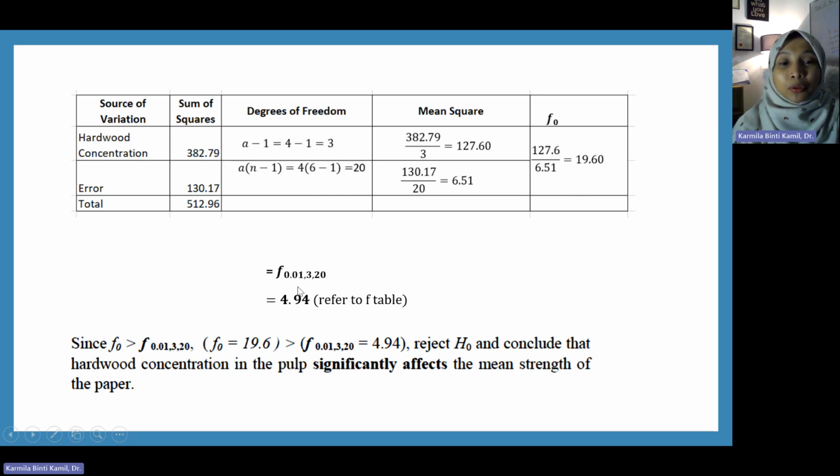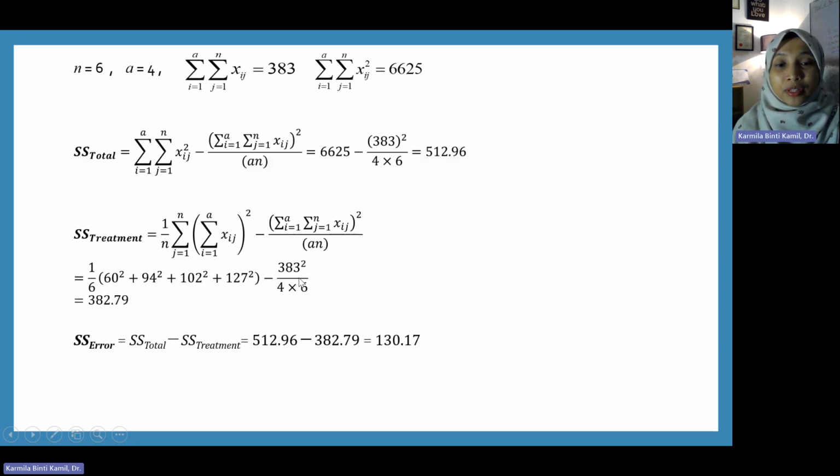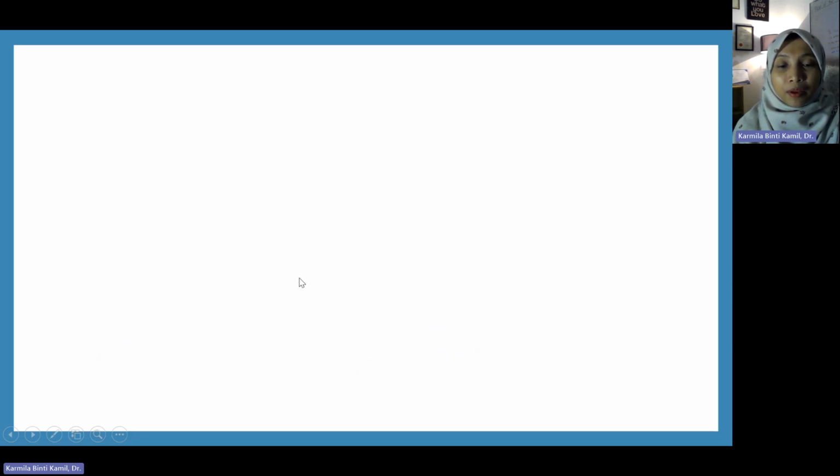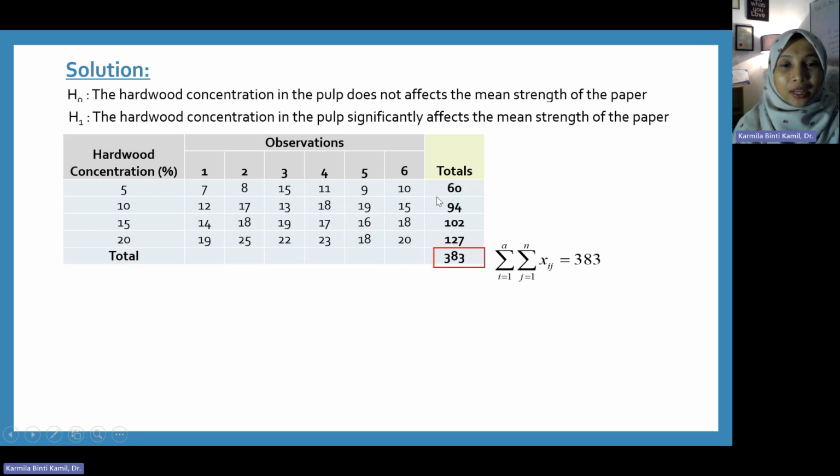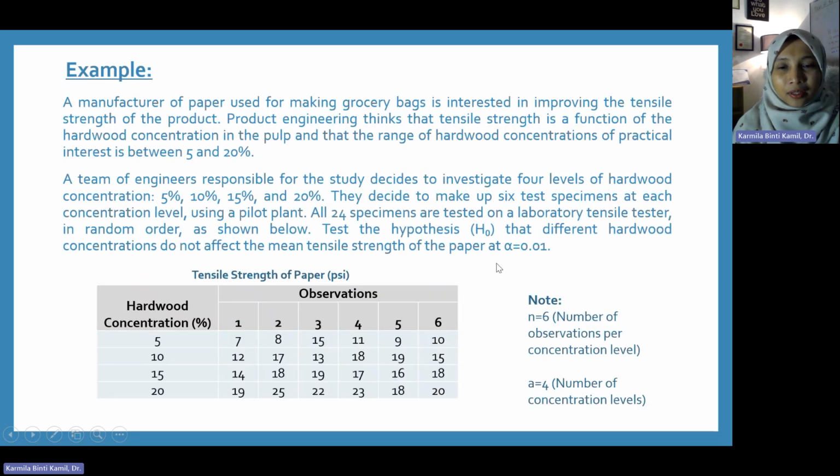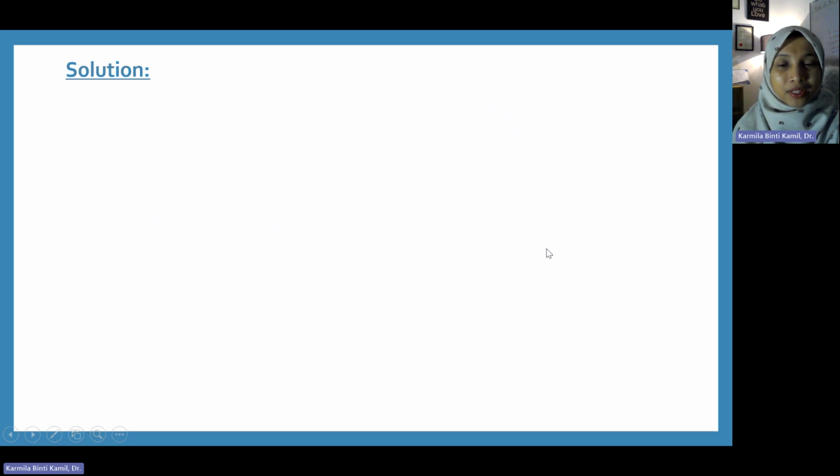F critical uses the alpha from the question. From the example problem, the alpha is 0.01, so the probability here is 0.01. You just substitute here.